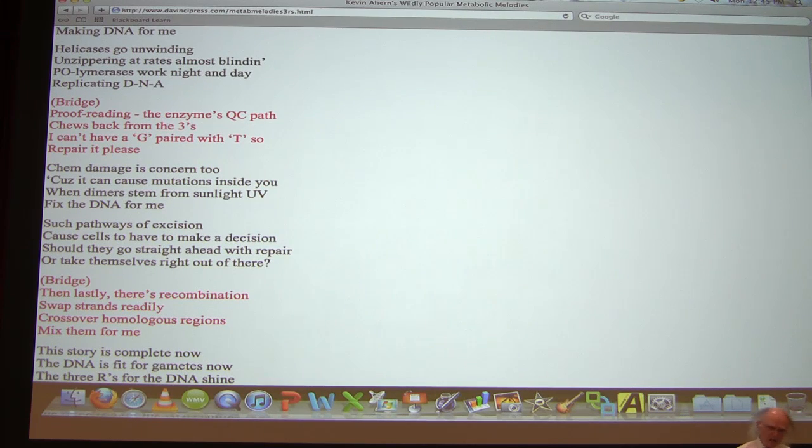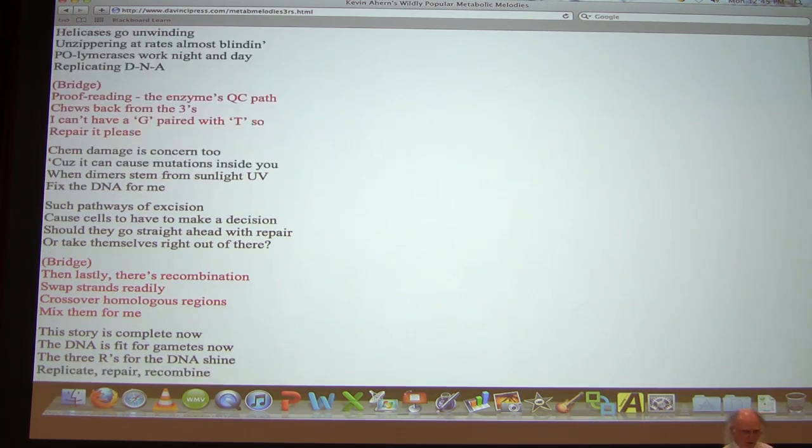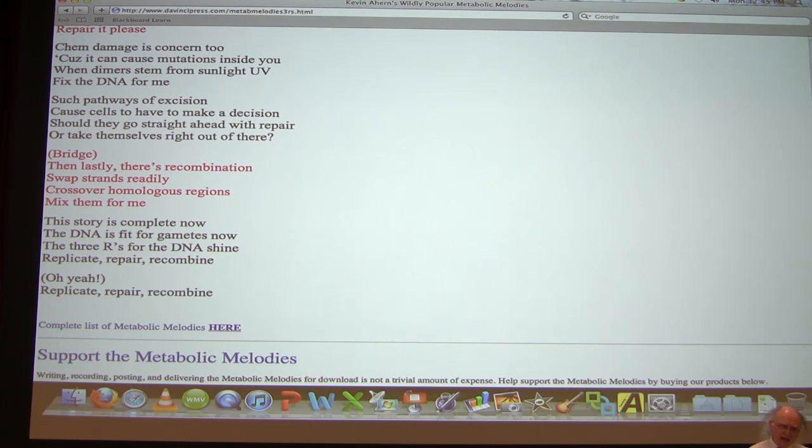Such pathways of excision cause cells to have to make a decision. Should they go straight ahead with repair, or take themselves right out of there? Then lastly, there's recombination. Swap strands readily. Crossover homologous regions.